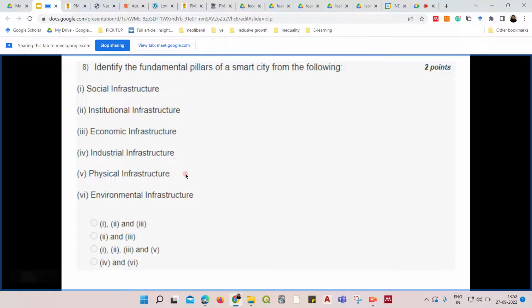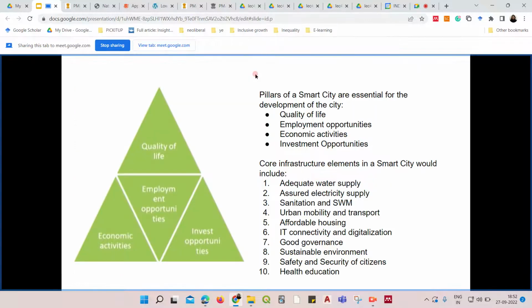So while you're choosing physical infrastructure, you're obviously choosing things like roads, bridges, other built environment. Also industrial infrastructure comes as a part of physical infrastructure. So I think this part of the question is clear. Now we focus on another element, which is the fundamental pillars of smart city.